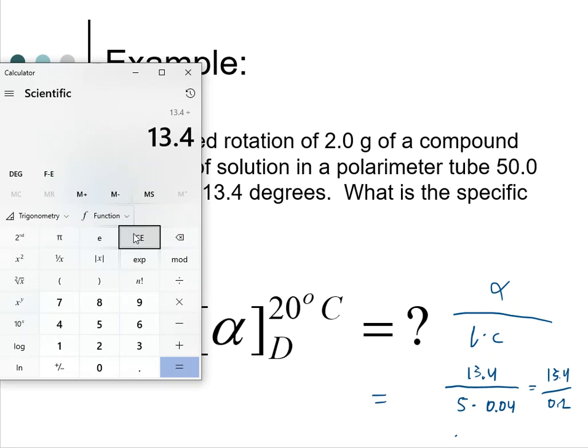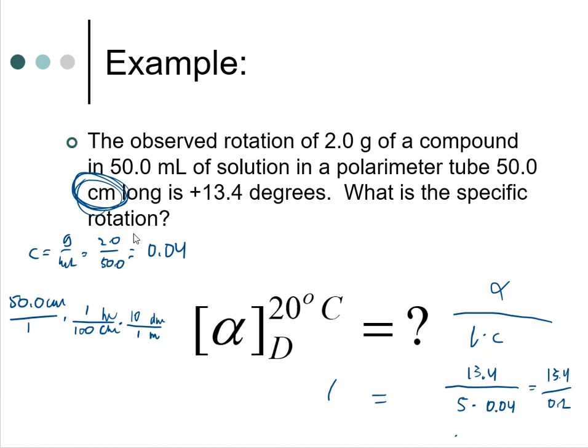That's why I said work the bottom first. So 13.4 divided by 0.2, and that will give me a 67 for an answer. So 67 is the specific rotation for this set of data.